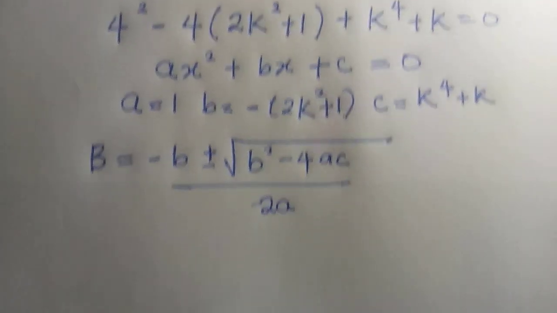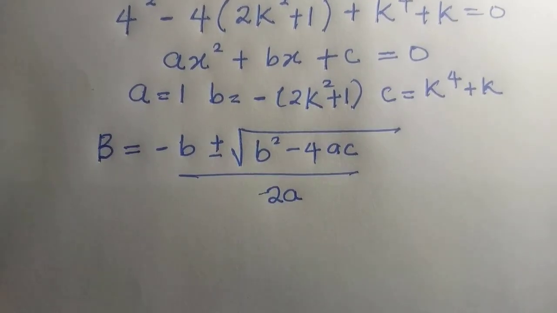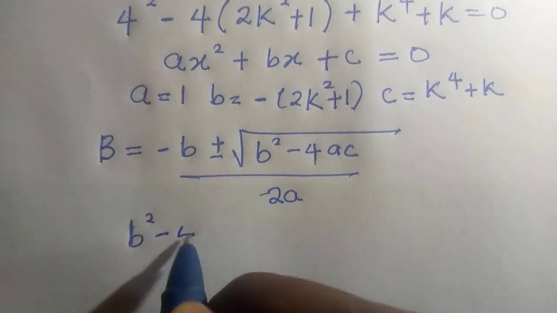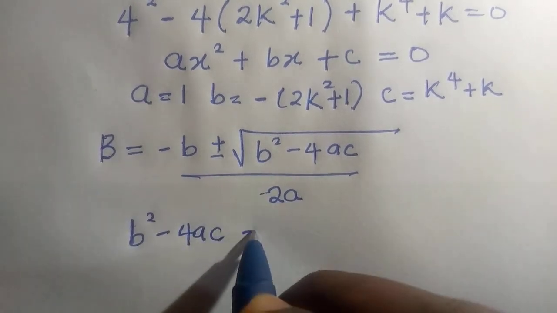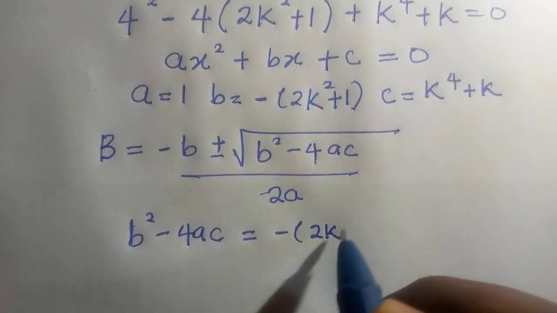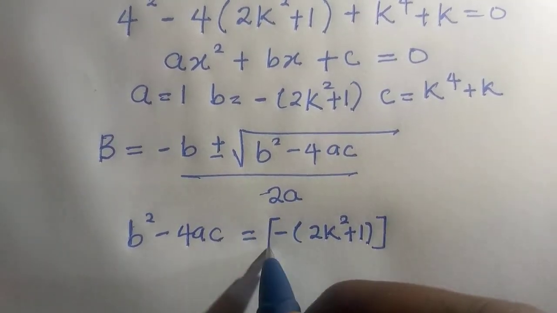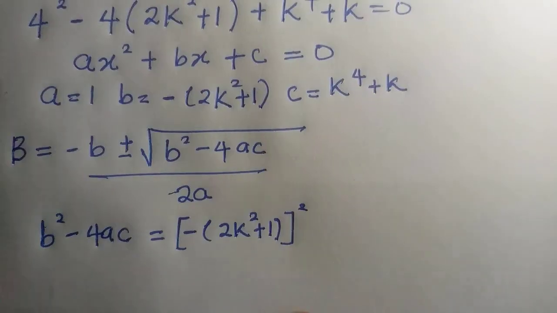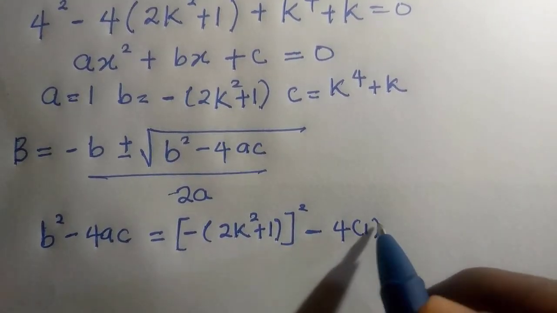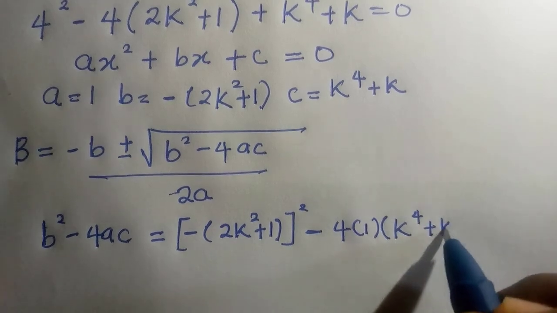Input it in this, whereby the capital B here is our 4 that we are looking for. So we have b² - 4ac, written as (2k² + 1)² - 4(1)(k⁴ + k), where a is 1 and c is k⁴ + k.